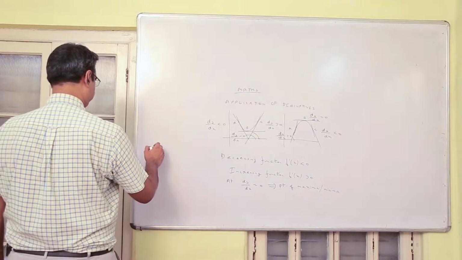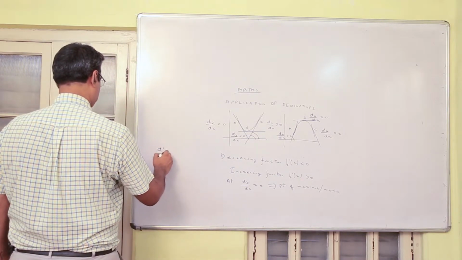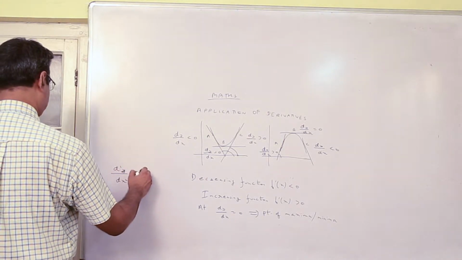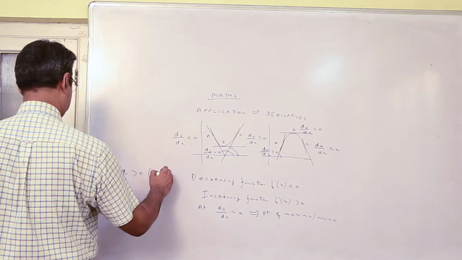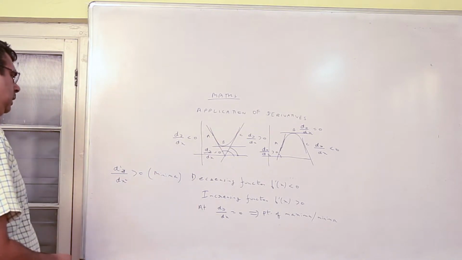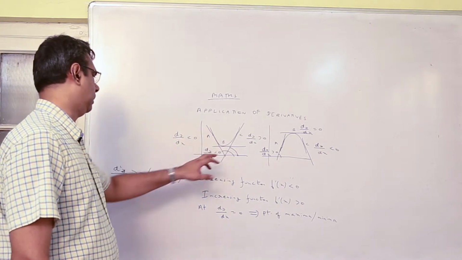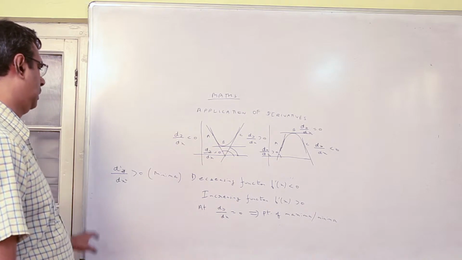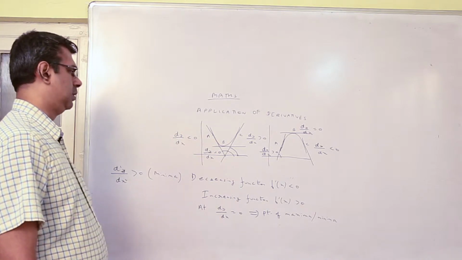That means the derivative of the derivative is positive. So whenever a function has got a minimum value, that means whenever there is a minima, the derivative of the derivative is positive, or rather the second order derivative is positive.